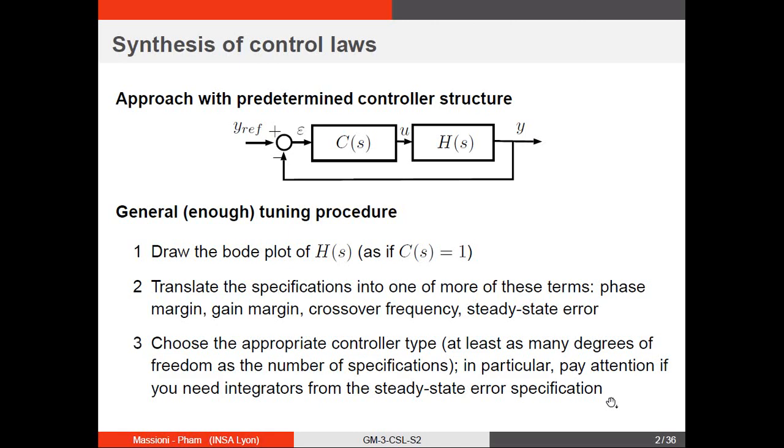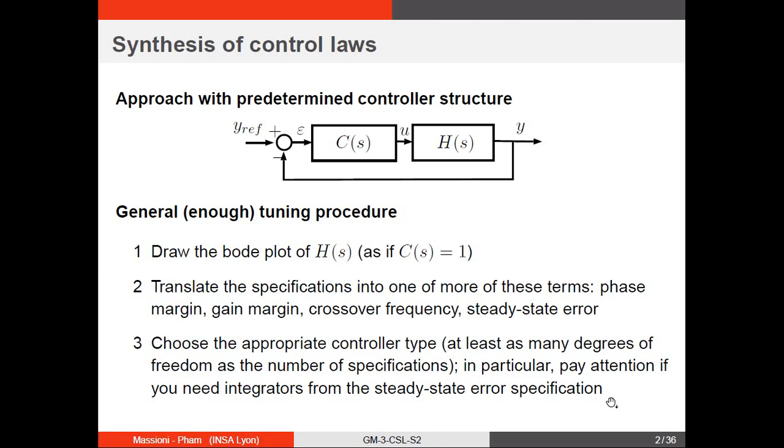You have more complex specifications in case you want a zero steady state error with respect to other inputs or with respect to perturbations or disturbances. But in general, the number of integrators is determined by the steady state specification, and then the rest of the choice will be determined mainly by the number of degrees of freedom that you need.